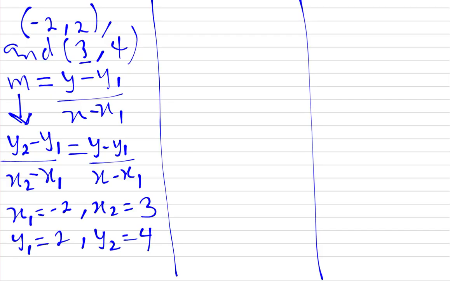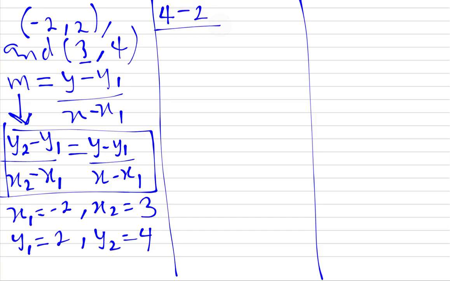All right. So going there, we'll just input it into these formulas and we are going to get our equation. So y2, that is 4. 4 minus y1, that's 2, over x2. x2 is 3.